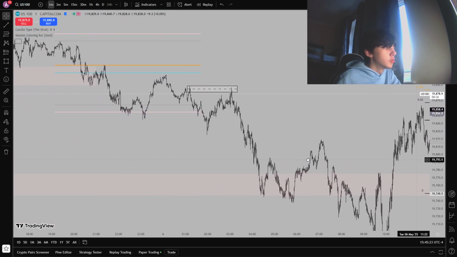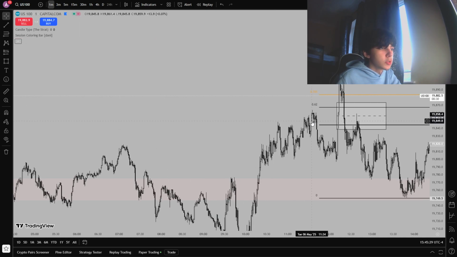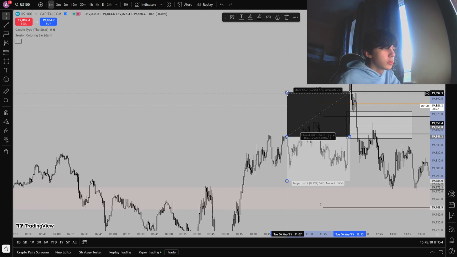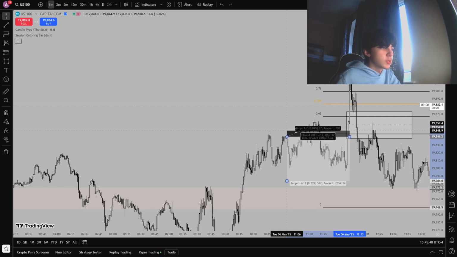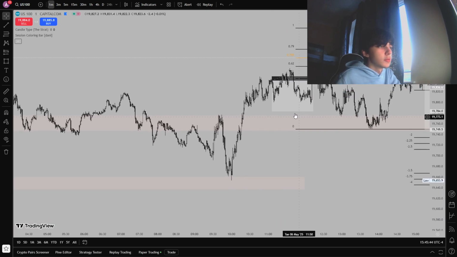Give me a second to remember why I entered this trade. It was because we were in this partition, I'm pretty sure. I need to look back at my TikTok to see what I did, but basically I entered it here.